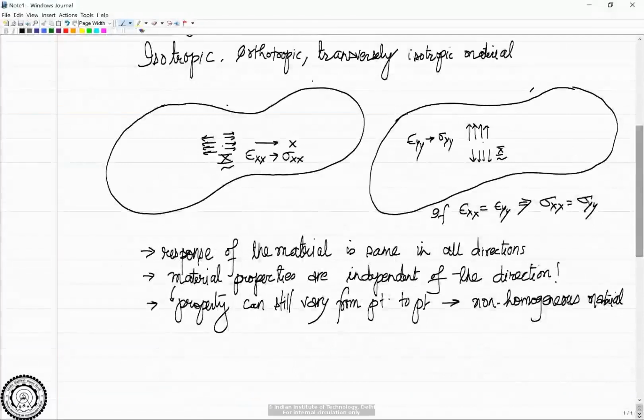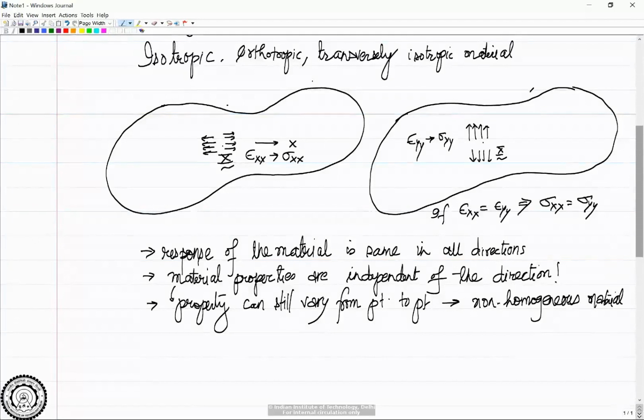All right. This is a confusing point for many students. When we ask them in an interview, they say that if it is isotropic, then it will also be homogeneous, but it is not necessary. The property can vary from point to point, but at a point it has to be the same in all the directions. Then we say it is an isotropic material.